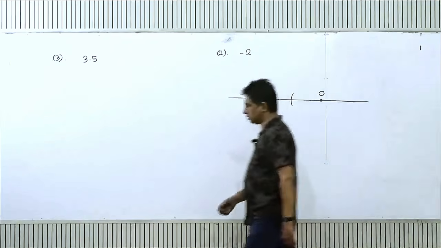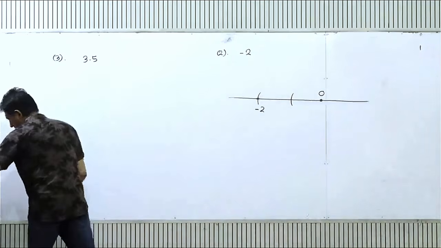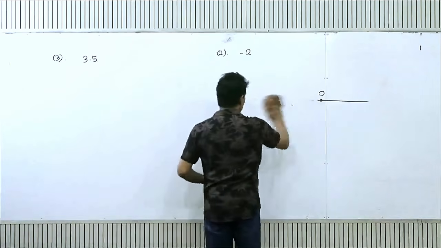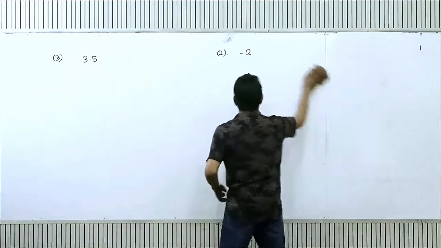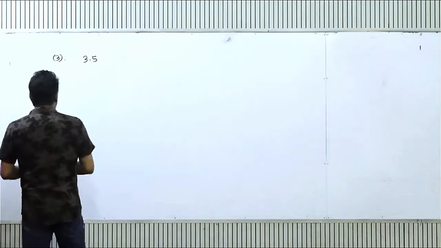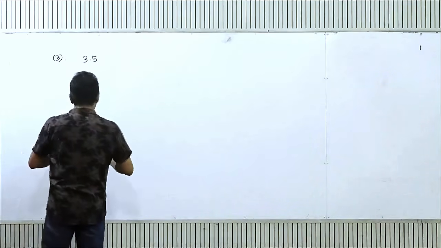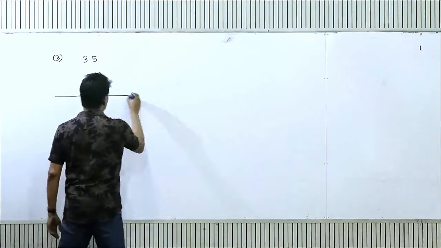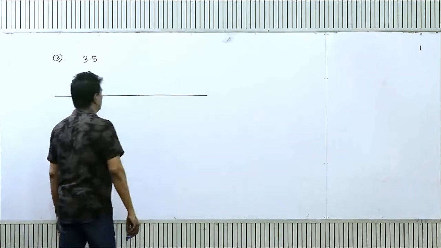In this case, you have to mark 3.5, no? If you mark 3.5, this is the way.